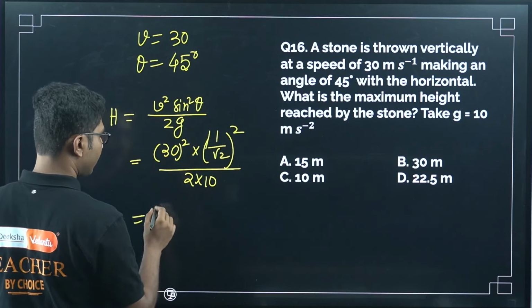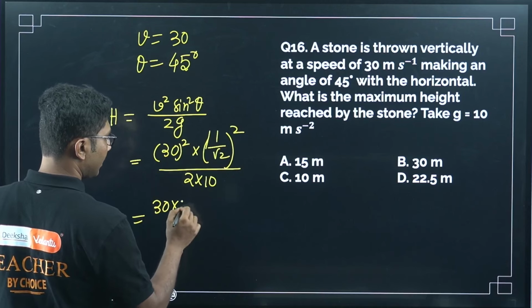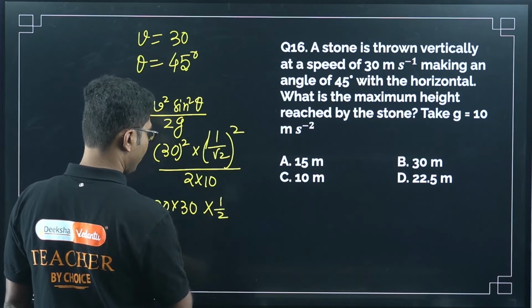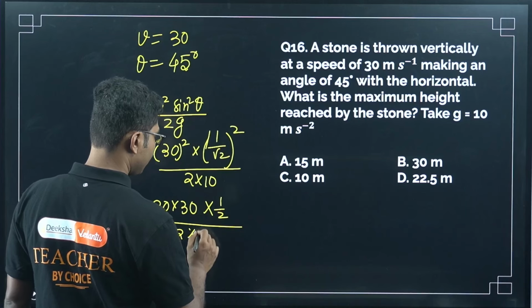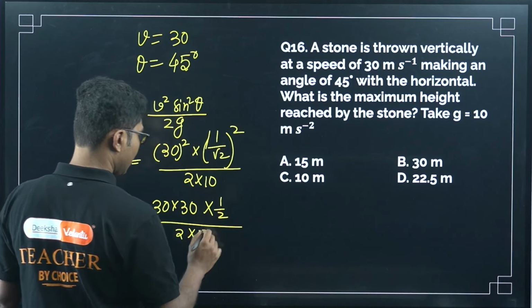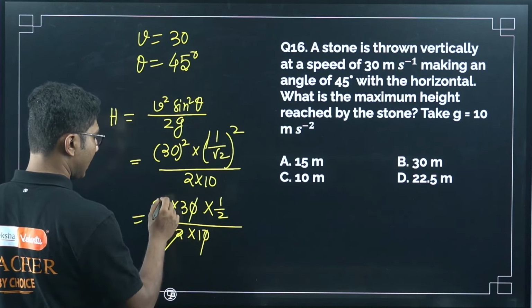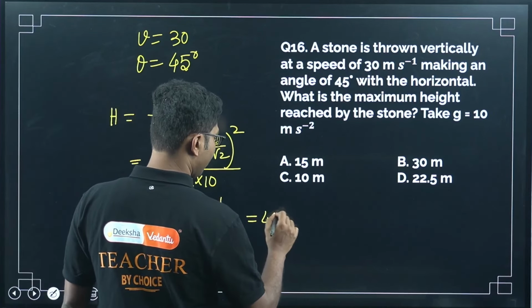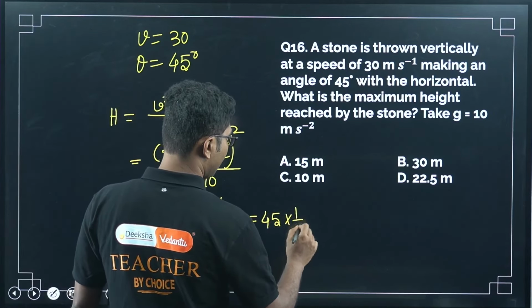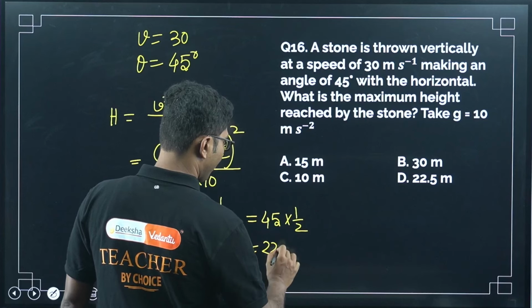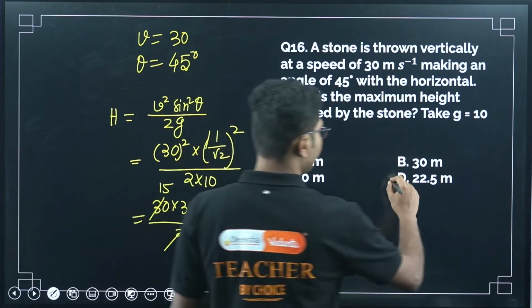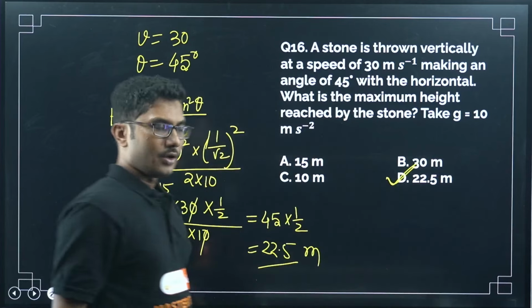So 30 times 30 times 1 by 2 divided by 2 times 10. One of the zeros cancels, you will get 15. So 3 15s are 45 times by 2, so it will be 22.5. 22.5 meters. So correct answer is 22.5.